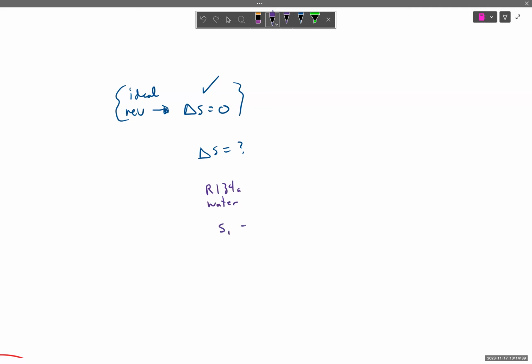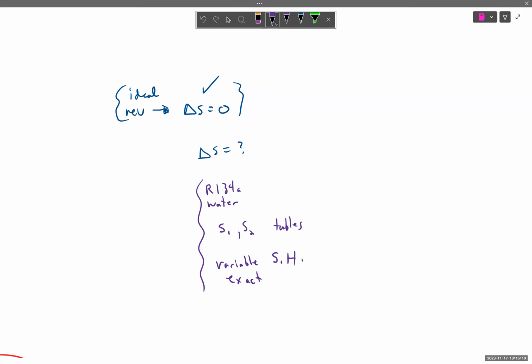You can look up S1 and S2 from your tables. Yay! Which implies variable specific heat. You think of that as exact analysis. Not exact, but pretty darn close, right? We'll say really good analysis.